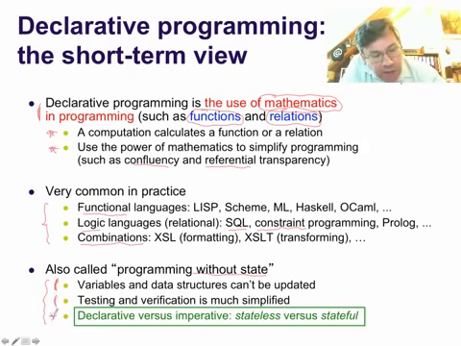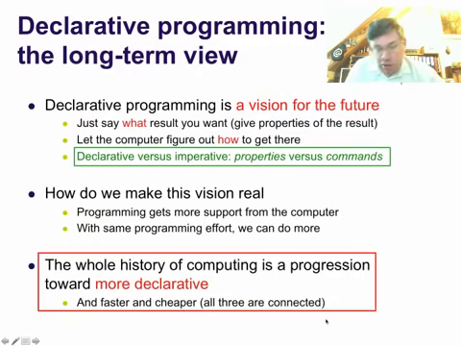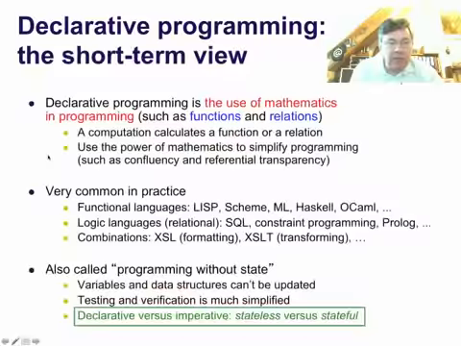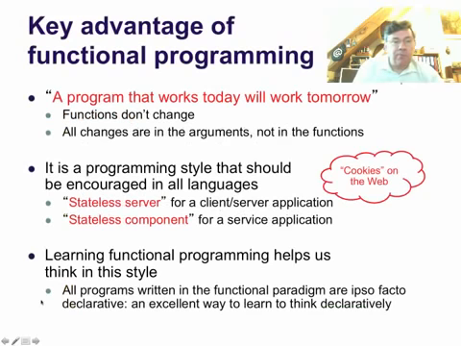So in this way of looking at things, declarative versus imperative is stateless versus stateful. If you look back at the long-term view, declarative versus imperative is properties versus commands, whereas in the short-term view, declarative versus imperative is stateless versus stateful.